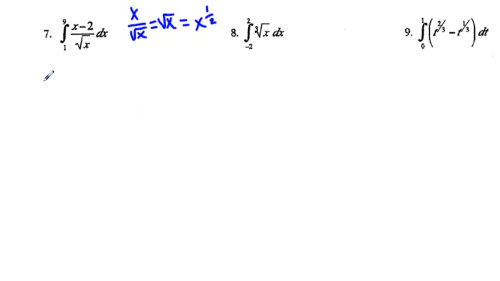Okay, so rewriting problem 7, we're going to rewrite this as the integral from 1 to 9 of this x divided by square root of x, that's going to be square root of x, or x to the 1/2 power, and this negative 2 over square root of x is going to be 2 x to the negative 1/2 power, and dx.